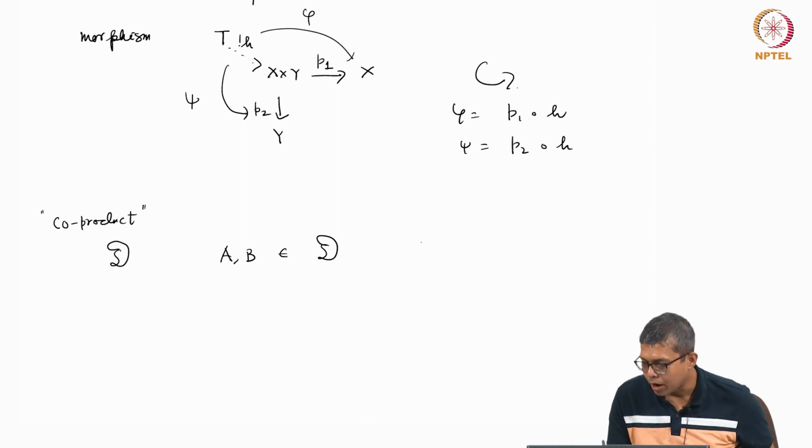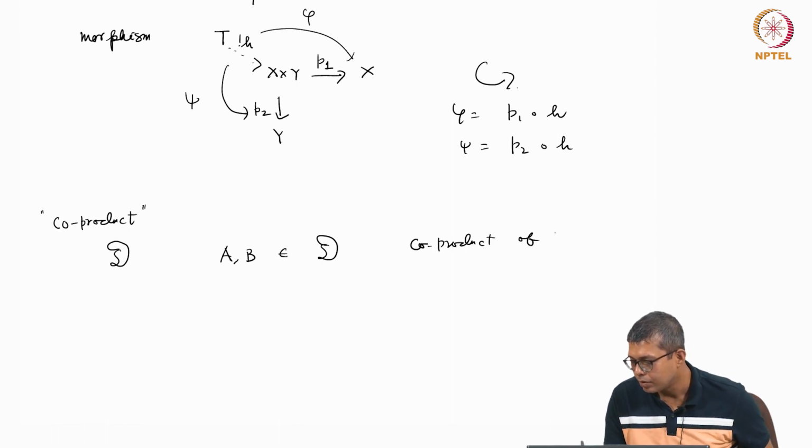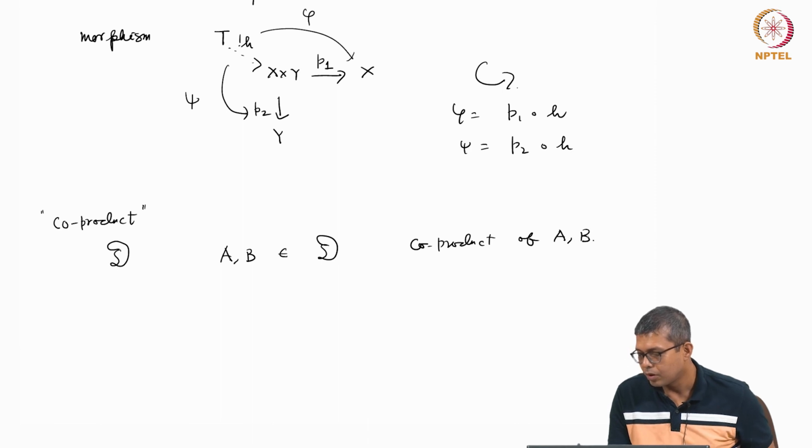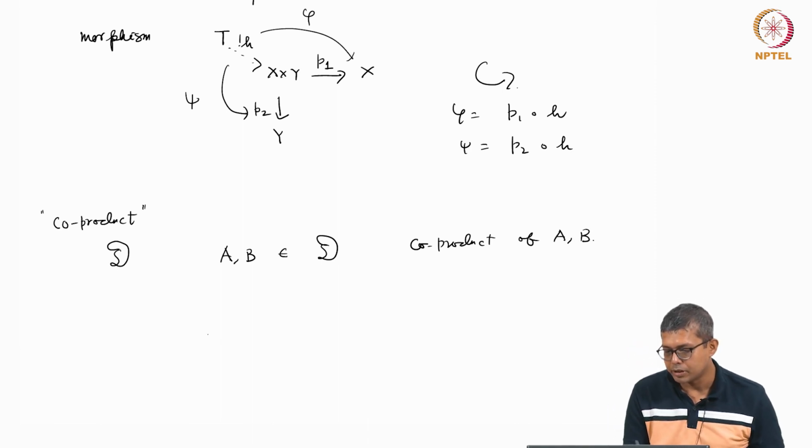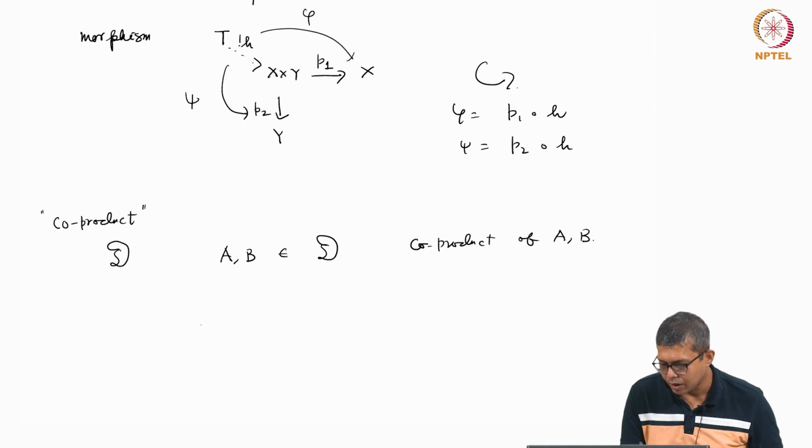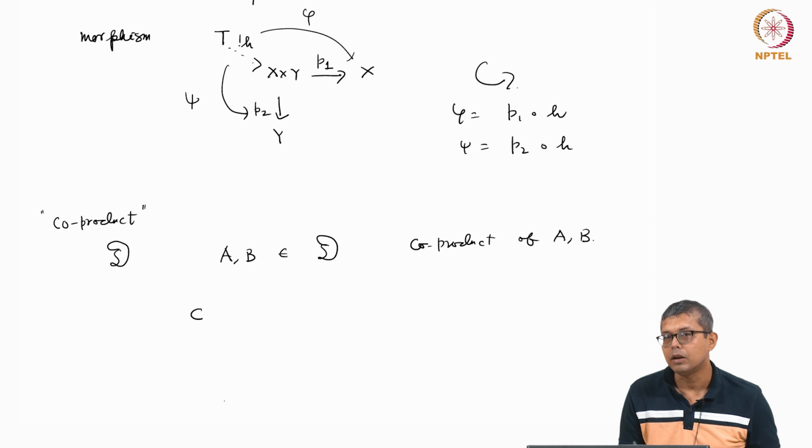Then the co-product of A and B, if it exists. If I denote it by, say, C, suppose C is a co-product.